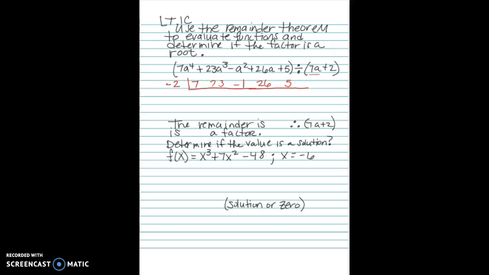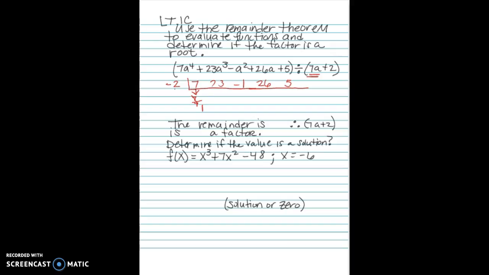Now, this one is slightly different because I do have this 7 in front of the a. So what I'm going to do is I start by bringing down the first term, which is 7, but because I have the 7 in front of the a, I have to divide that 7 by 7. 7 divided by 7 is 1.